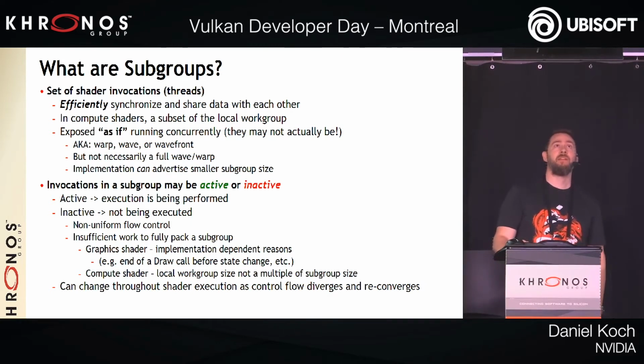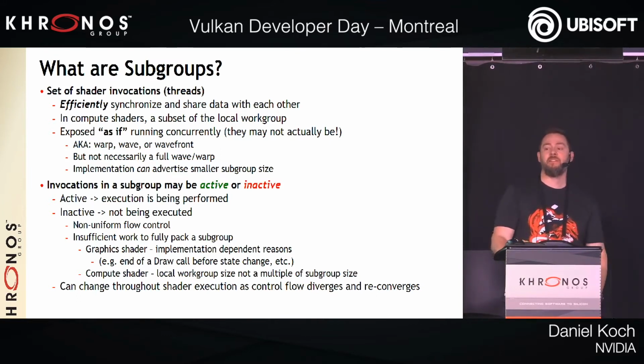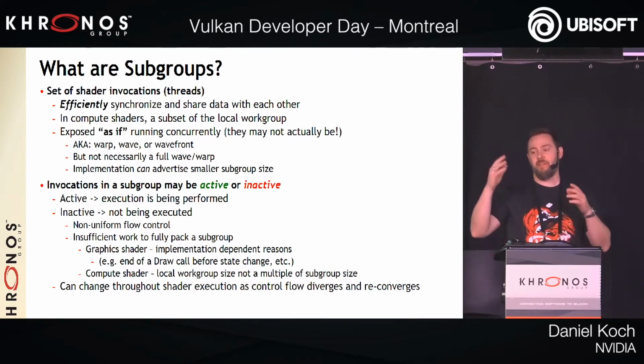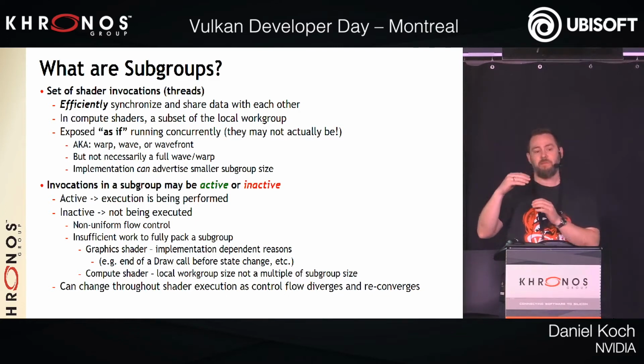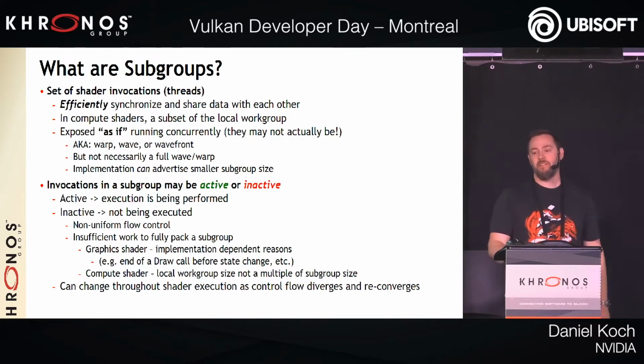Other reasons in a graphics shader: maybe you have a draw call followed by a state change. Your vertex shaders could run in parallel if they were using the same state, possibly processing them at the same time. But if you have a state change, obviously you're going to have to flush the vertex pipeline, so that's not possible.